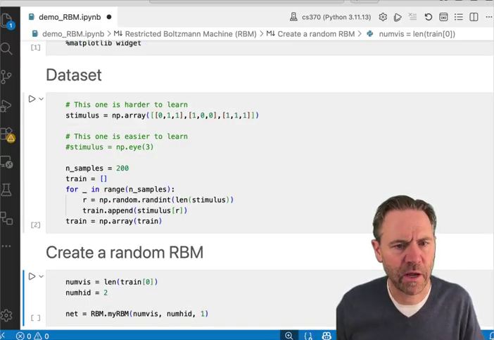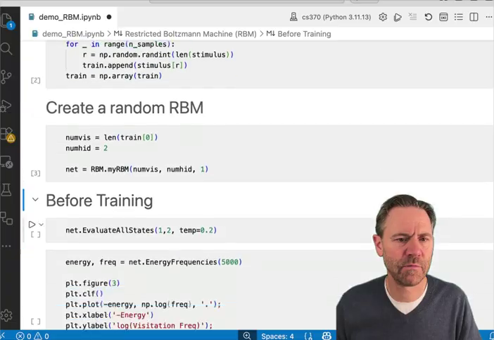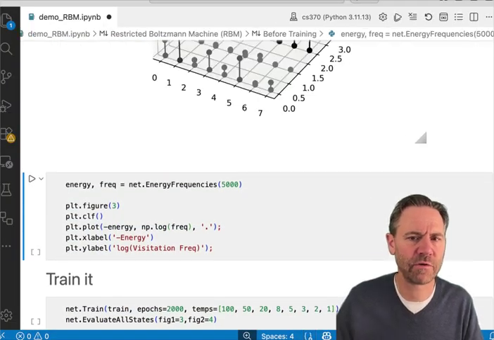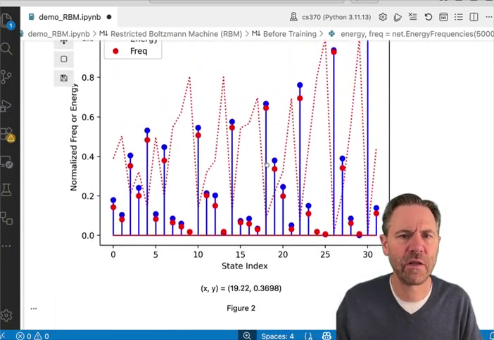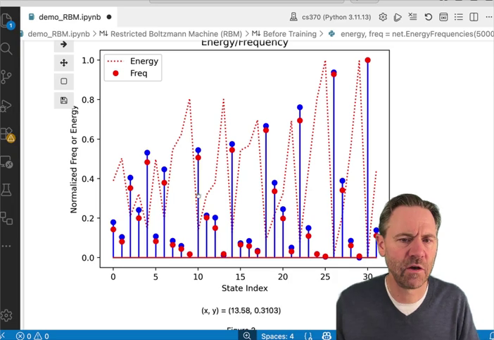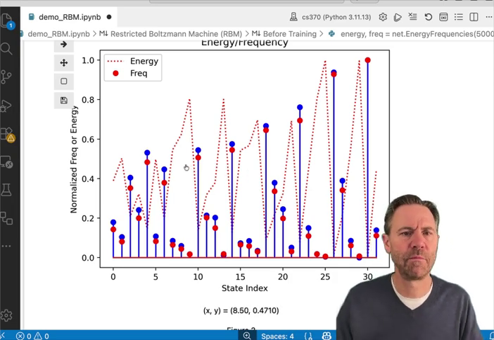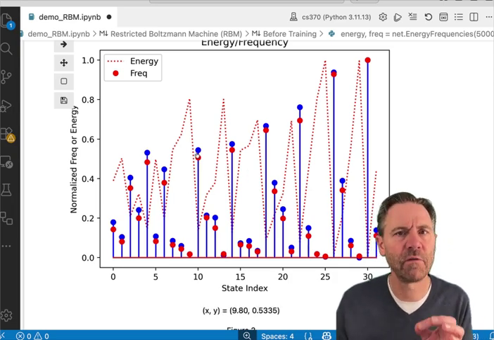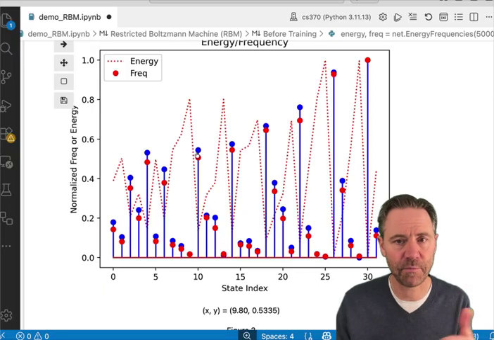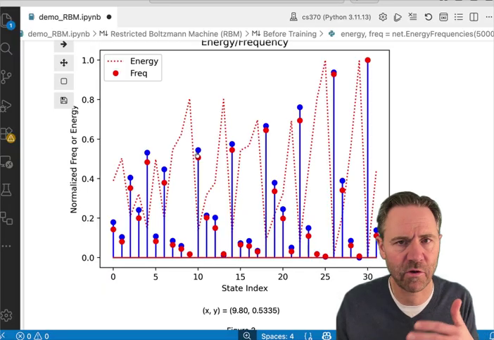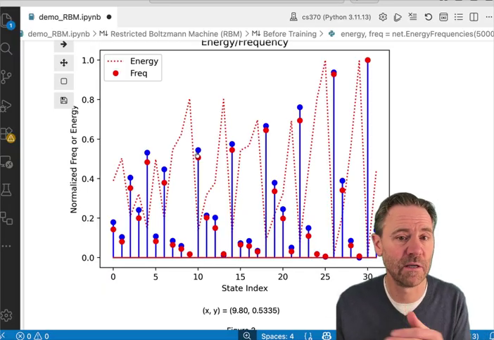So I'm going to create a random restricted Boltzmann machine and evaluate it before training. Before training, you can see the energy is low and high in different places. The blue is the actual visitation frequency from Gibbs sampling. I just run the network and count how many times I occupy each of the different 32 states.